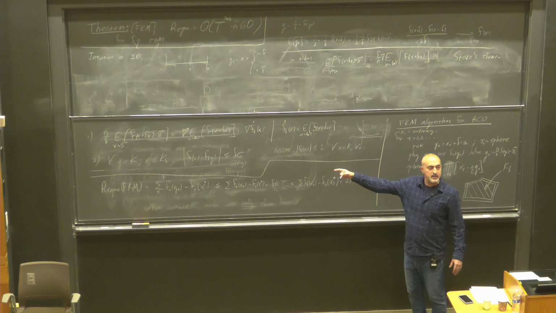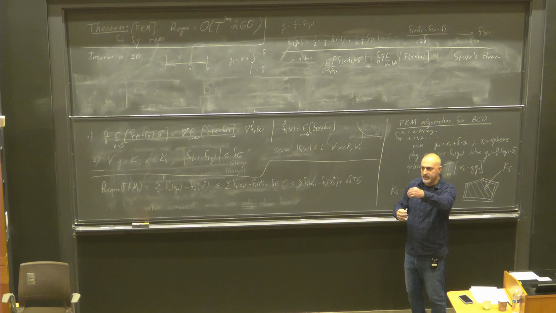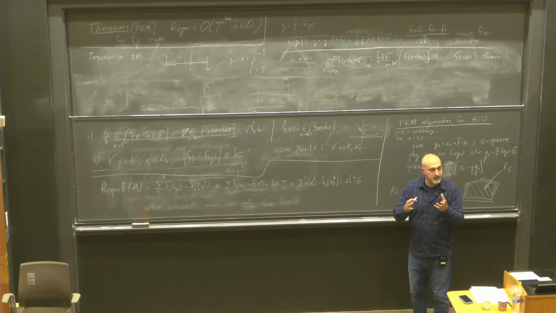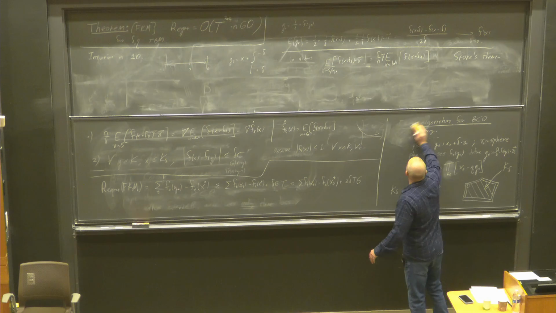So x star delta is the optimum inside of k delta. So I'm only comparing myself to points that I actually play. I'm not allowed to play on the boundary, right? I always move. I need some kind of wiggle room. If I don't have wiggle room, I cannot do the randomization. So I cannot compare myself to something which is outside of my wiggle. That's unfair. So that's why I shrink the set, and I only compare myself to things inside of the set k delta.